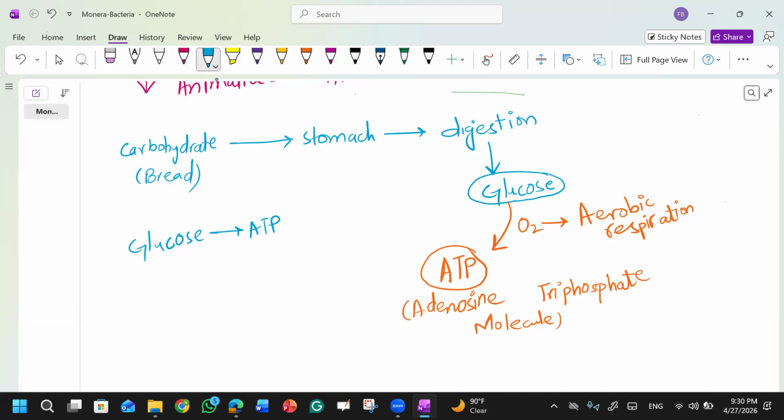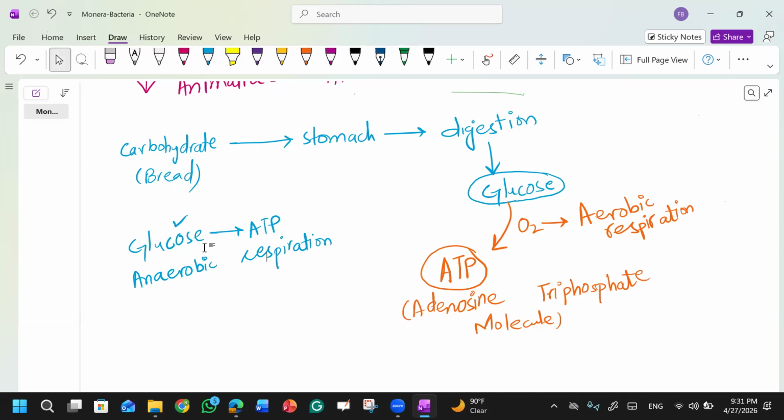Sometimes, like in muscular activities, when your muscles are being used, there is anaerobic respiration as well because your muscles need energy, but you have less oxygen available. So there will be anaerobic respiration occurring in your body. Are you getting my point? What I'm saying?